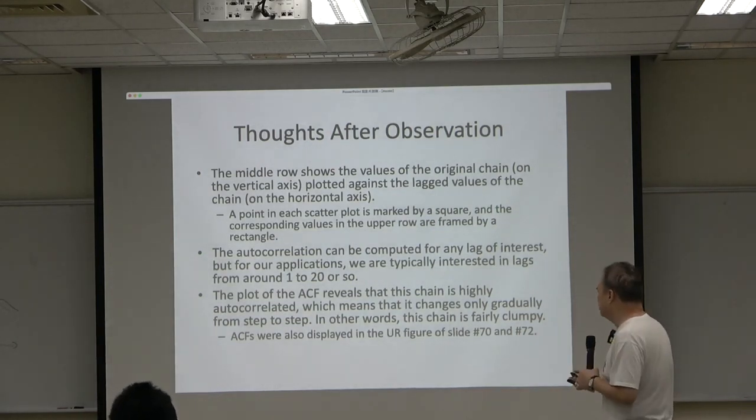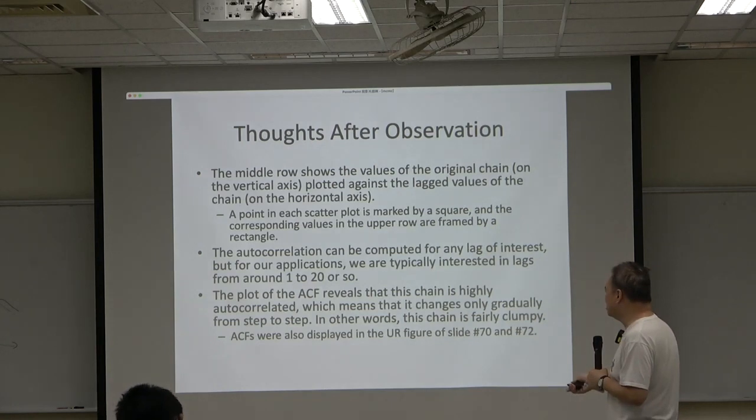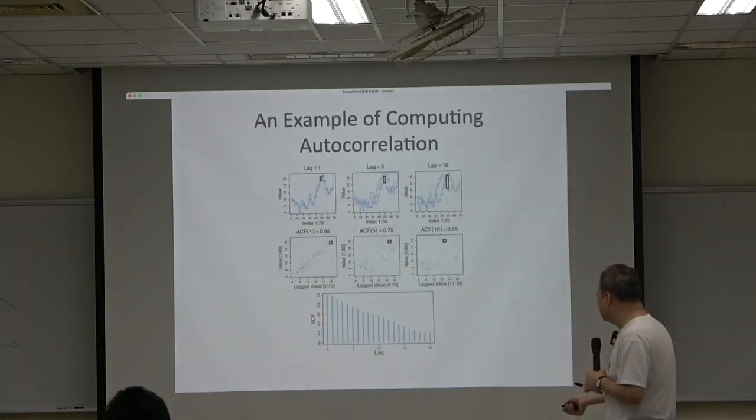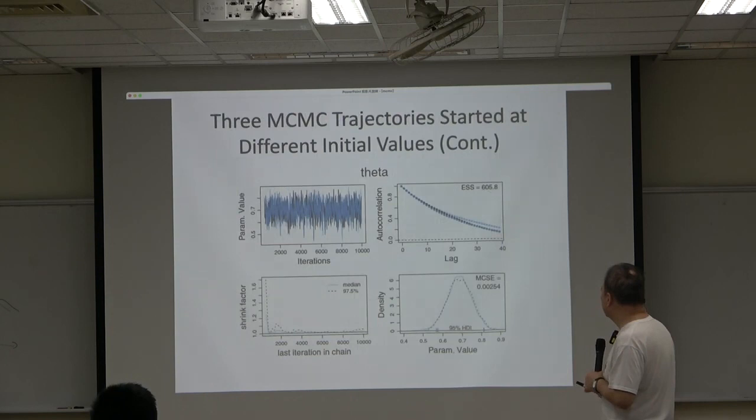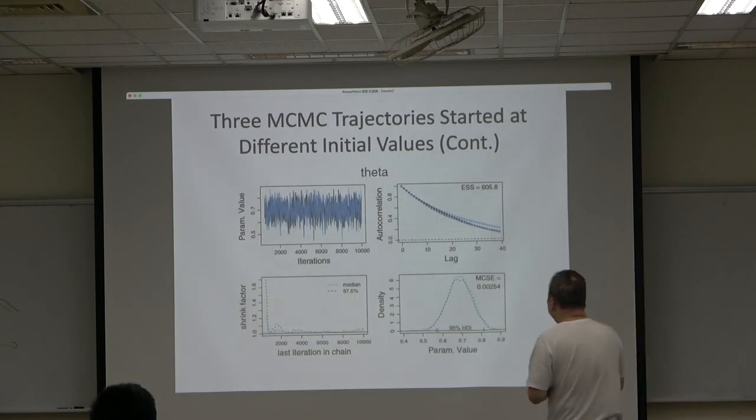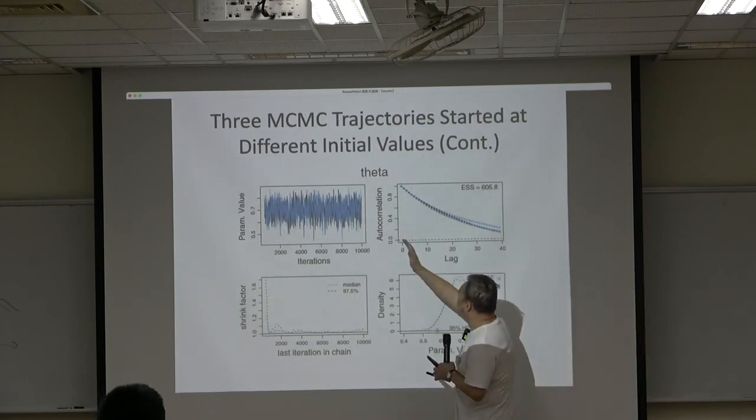So we only consider from 1 to 20. You can see, for example, in this one, we care more from here to here.